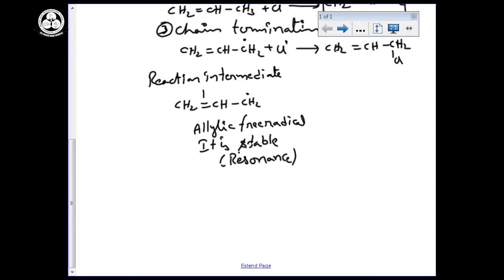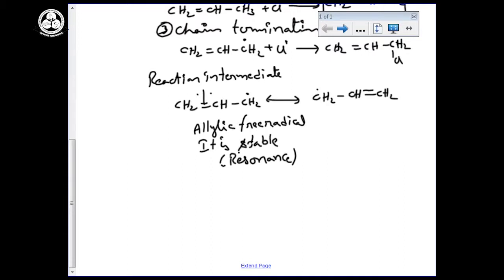For example, again you do the homolysis. Here one dot, here one dot, a new bond forms like this, giving CH2 dot-CH-CH2 again an allylic free radical.